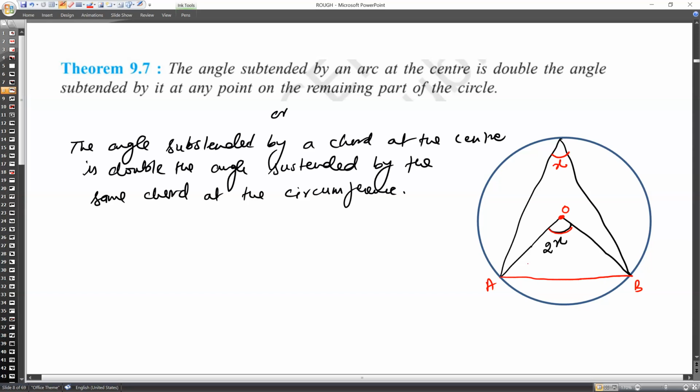The next thing that you need to understand here is that if I keep bringing this chord, let's suppose I make another chord with green color. As you know, if I keep coming toward the center, the angle it makes at the center will keep increasing.